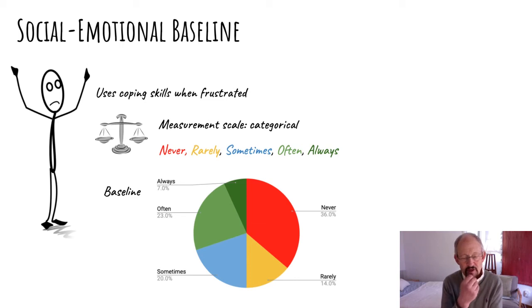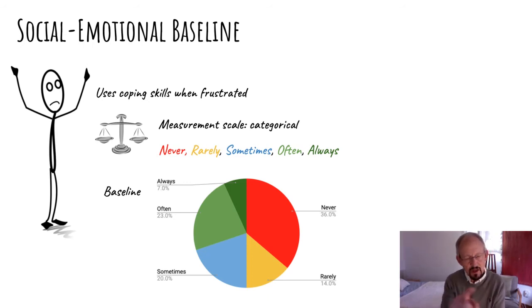So this presents us with a puzzle in terms of variation, right? We have 50% where they never or rarely do it, and then 50% where they sometimes, often, and always do it. What we don't know from this are the conditions under which the child never shows it, rarely shows it, sometimes, and so forth.